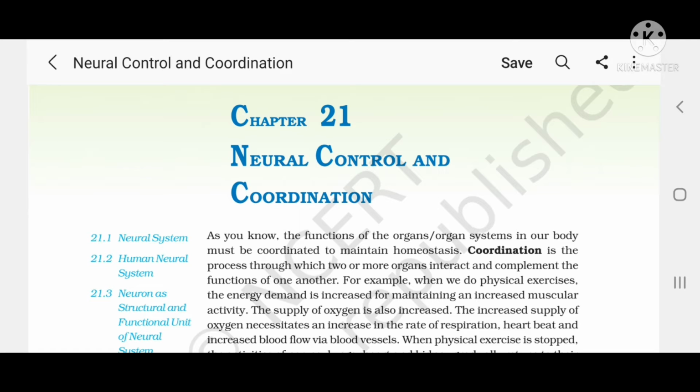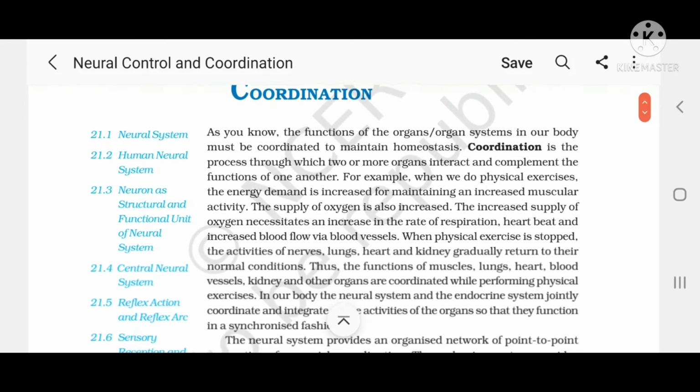For example, when we do physical exercises, the energy demand is increased for maintaining an increased muscular activity. The supply of oxygen is also increased. The increased supply of oxygen necessitates an increase in the rate of respiration, heartbeat, and increased blood flow via blood vessels.